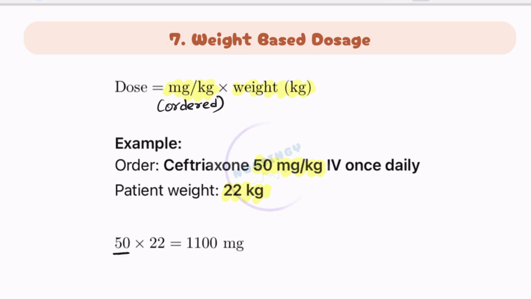So 50 times 22 will give us 1100 mg of medication. So the patient needs 1100 mg once daily, or OD. Everyone happy?